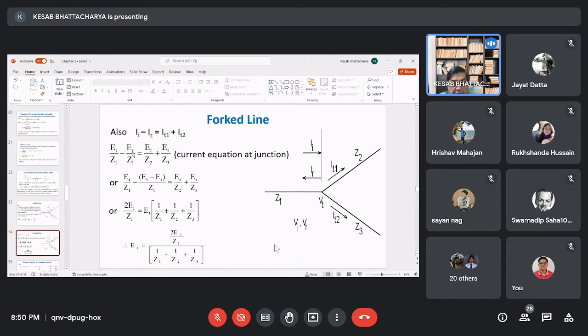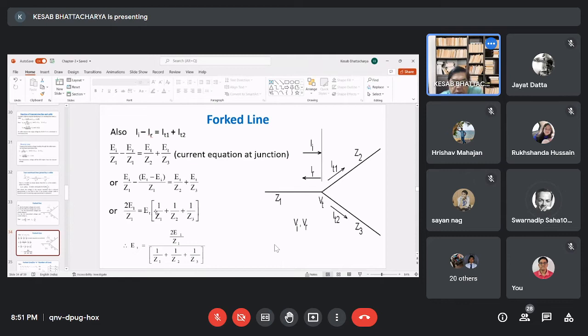Therefore, reflected voltage can be written as ET minus EI. Agreed? ER is equal to ET minus EI. Do you understand this step or not?